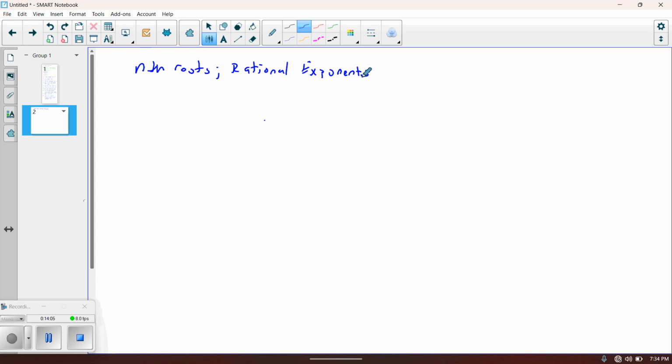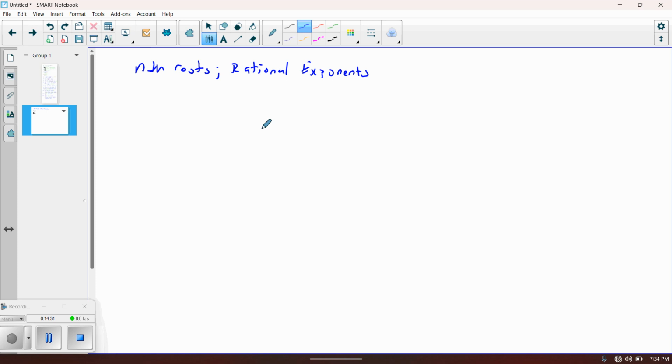And then rational exponents are going to be things where your exponent is not necessarily a whole number, could be a fractional exponent, like something raised to the 1/2 power or the 2/3 power, and things like that. Or negative exponents, I forgot to mention that. Let's go ahead and look at some examples and how we work this stuff.